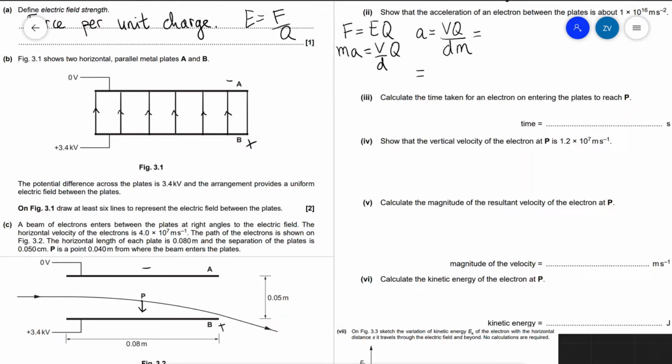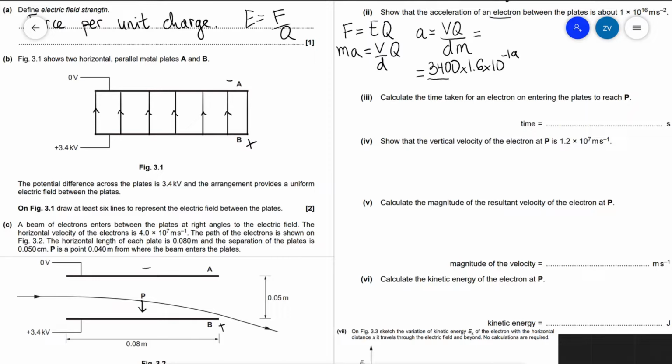So we know that the voltage between the plates is 3.4 kilovolts, so that's 3,400 volts. I can just write this down over here, 3,400. Because we're dealing with the acceleration of an electron, the charge is just the elementary charge, 1.6 times 10 to the power of minus 19.